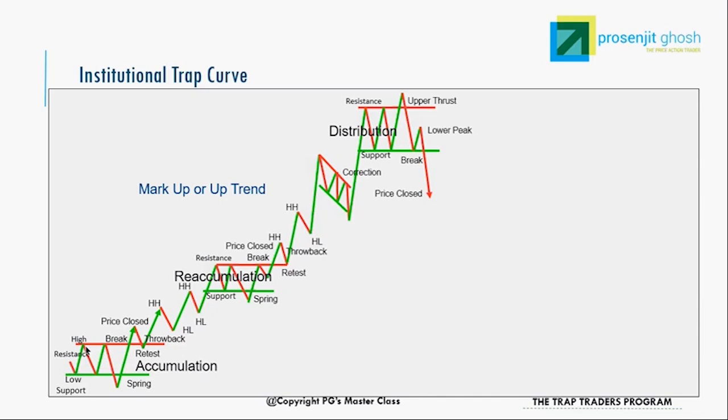They are going long here, they are shorting here. Small quantity shorts will take the price down, and the retailers will go in and they will again buy here. Everywhere they are buying, and they are not letting price go up until their entire fill happens. So this is how the reaccumulation happens.